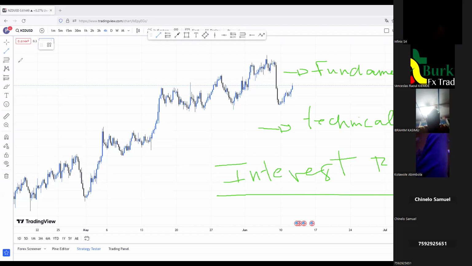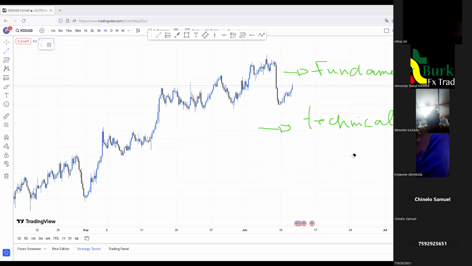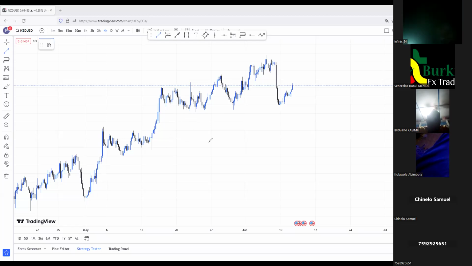But for the technical part, all you have to do is to have access to this graph that you have here. This is the chart that you need to analyze. All you have to do with the chart is to try to find patterns that will repeat themselves, patterns that are repeatable, right? And this is what I'm going to teach you here: how to find different patterns that will help you to know if you must sell or if you must buy.